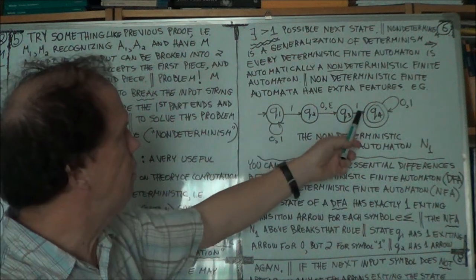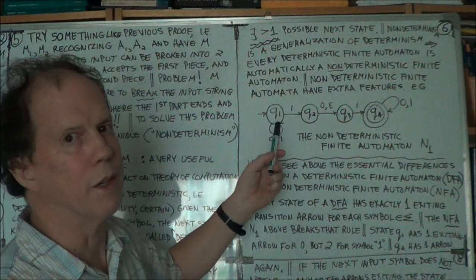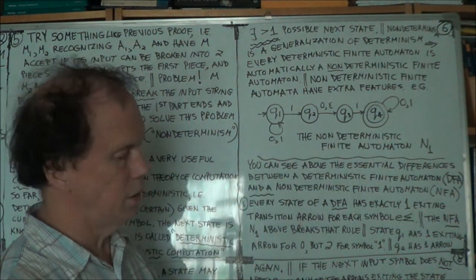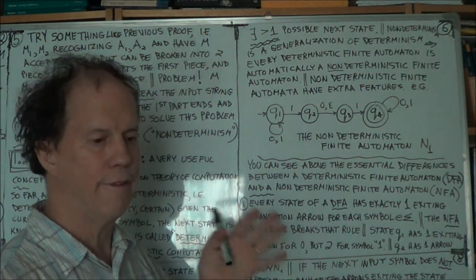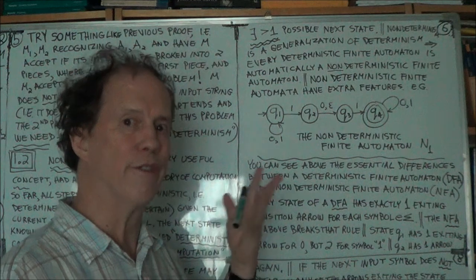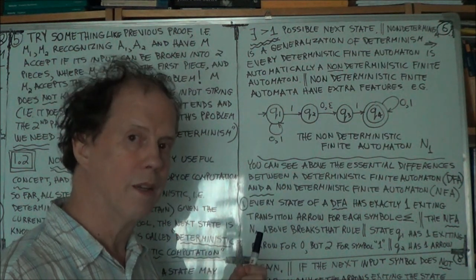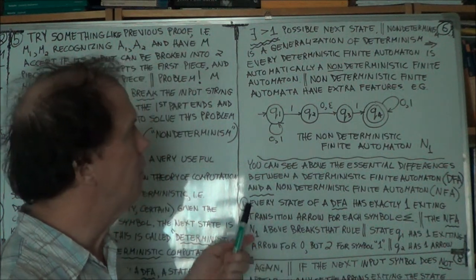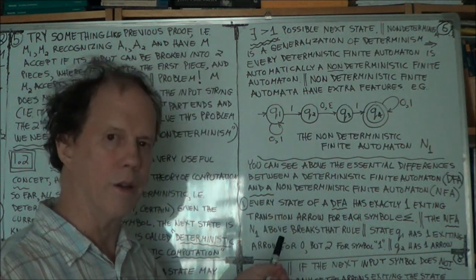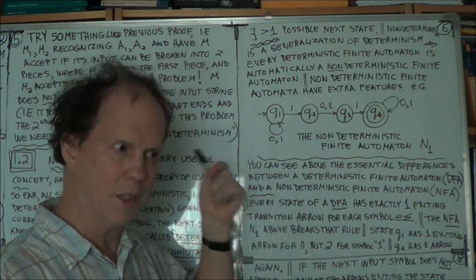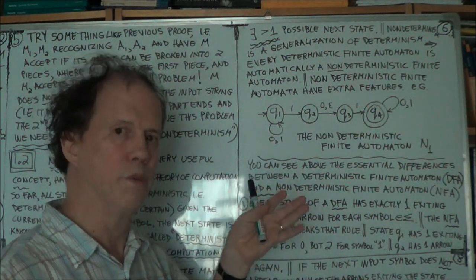Now we can draw finite automata that are deterministic. We've been doing that, you know how to do that now. But we can also draw finite automata that are non-deterministic, and they have certain properties that are a bit different from deterministic finite automata. We're going to use these terms a lot, so we will abbreviate them.